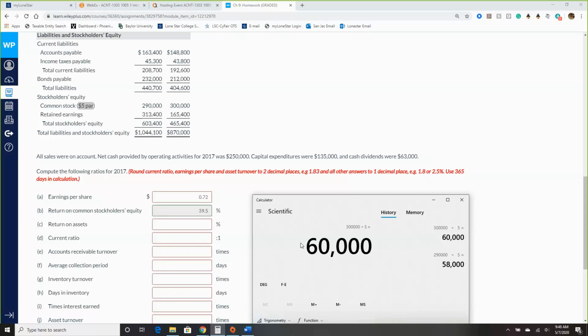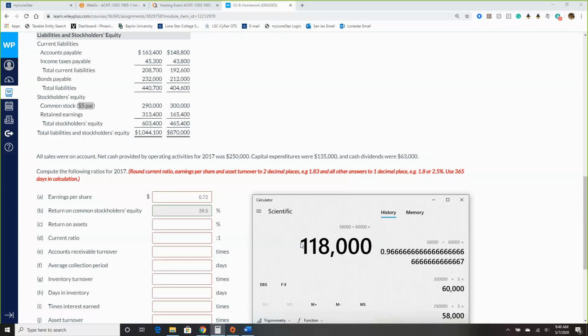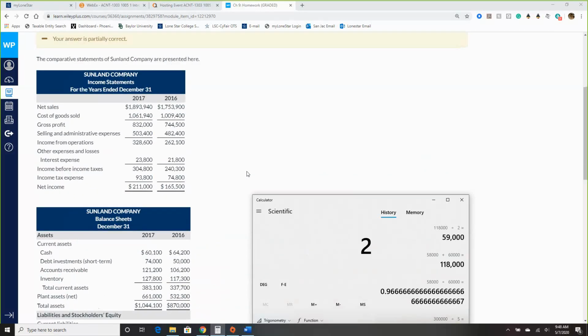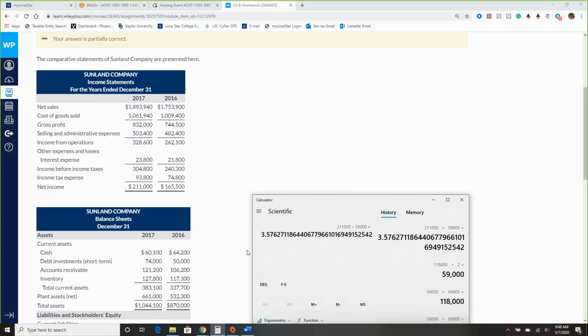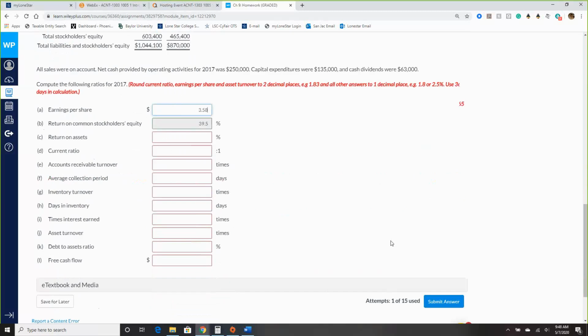So 58,000 plus 60,000 divided by 2, 59,000. Then again, we take our net income and divide by 59,000. So really, this is 3.58. Again, check. There we go.